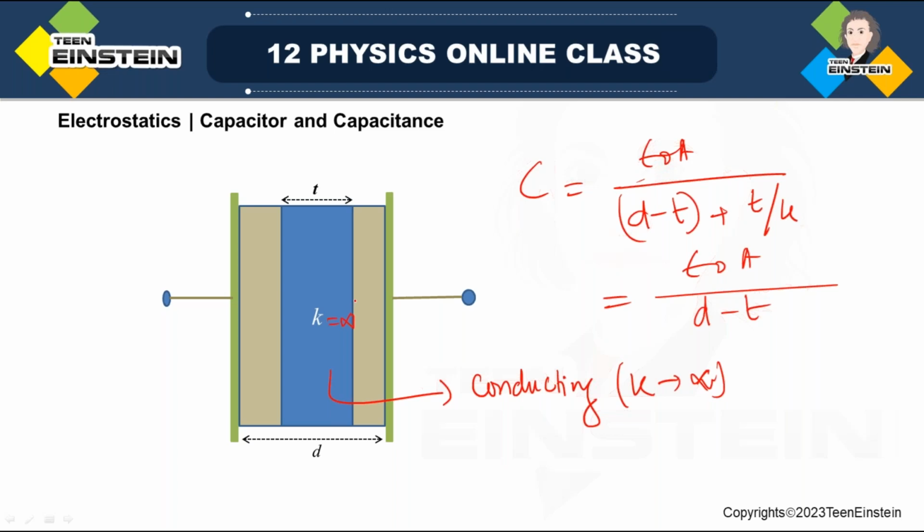Now if the whole space is occupied by a single slab, then t is equal to d. So a single slab is inserted.